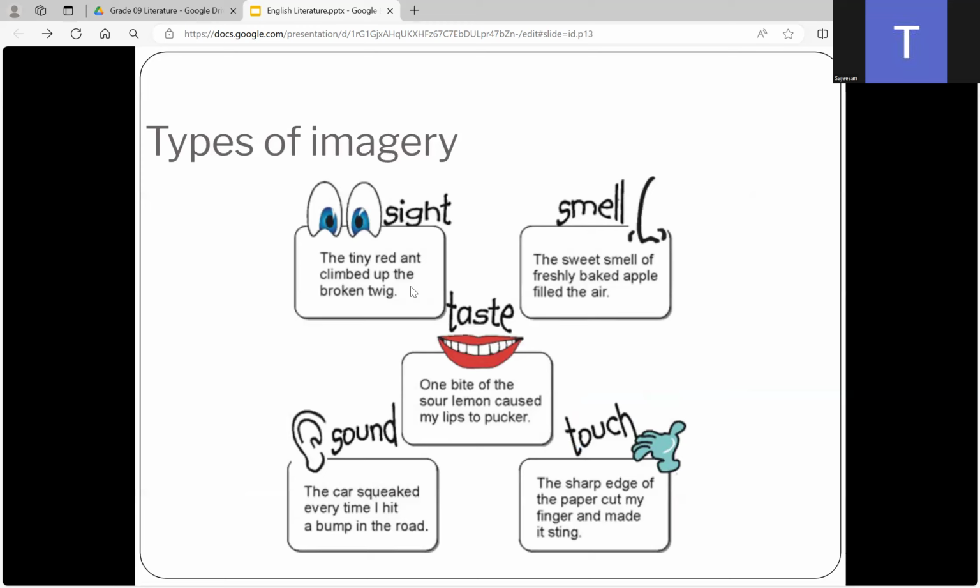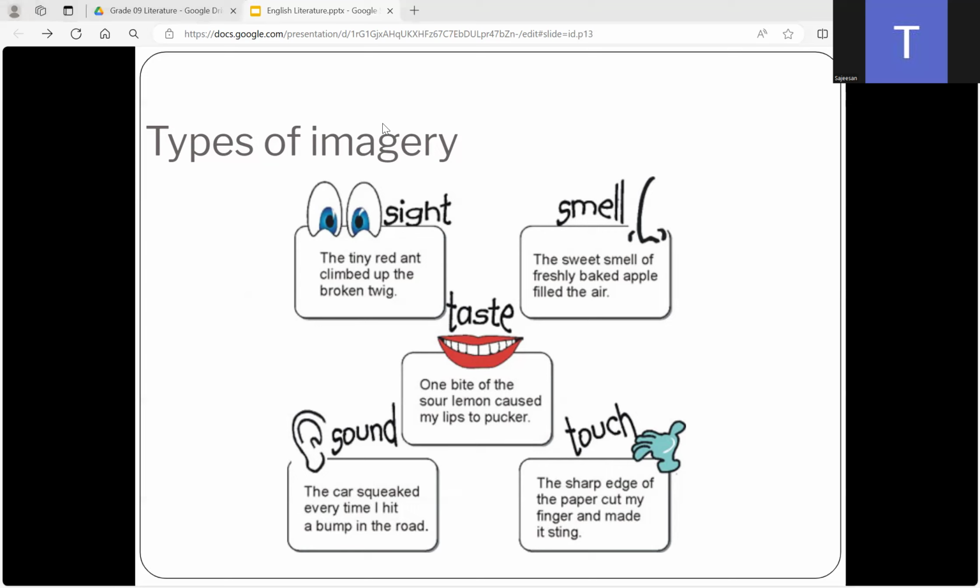Types of imagery here. Imagery for sight. Can you read one by one? Sight. The tiny red ant climbed up the broken tree. Smell. The sweet smell of freshly baked apple filled the air. Taste.